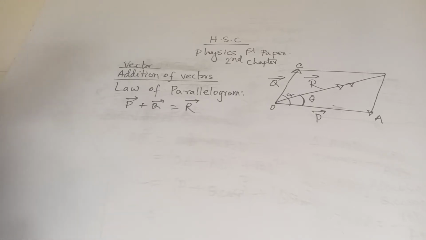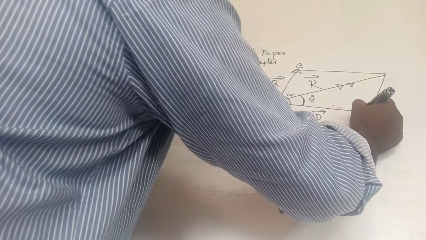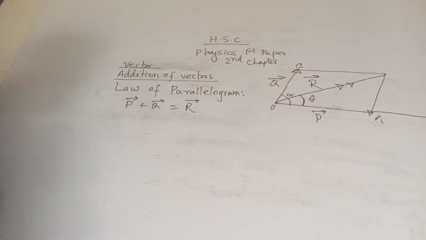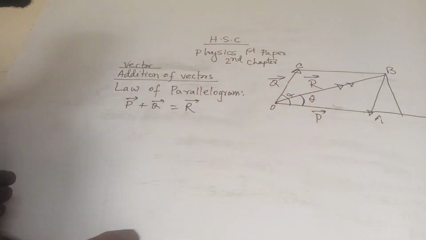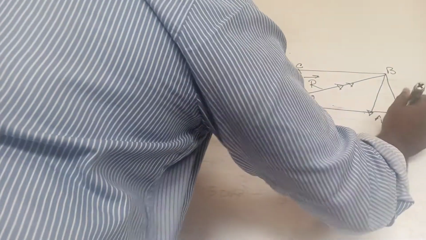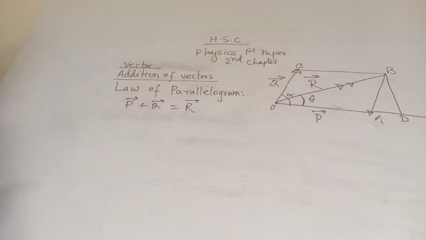So what we have to do is calculate the length of the diagonal and the angle of the diagonal. For this, let us do one thing. Extend this arm, and take a perpendicular line from this point. Let us think this point is B, and we have drawn a perpendicular on the extension of OA. This perpendicular is BD.